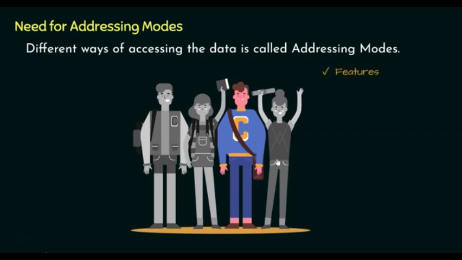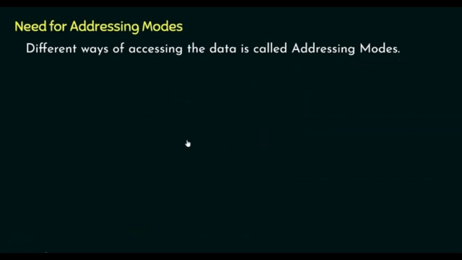So clearly, by mentioning the features of the person, we can also specify him, correct? So this is what I meant by different ways of accessing the data, and this is what is called addressing modes.